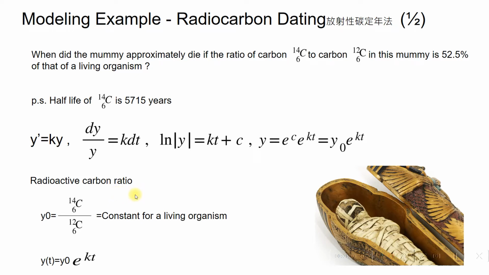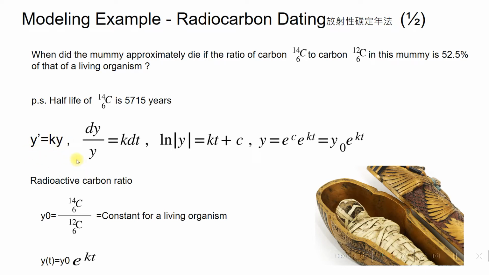In a word, it stops absorbing carbon 14 from the environment, so carbon 14 starts to decay. And this radioactive decay is governed by this ODE, y prime equals k times y, which means that the time rate of change of y is proportional to y itself.